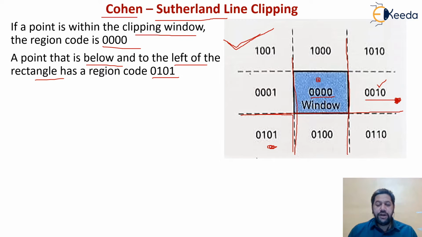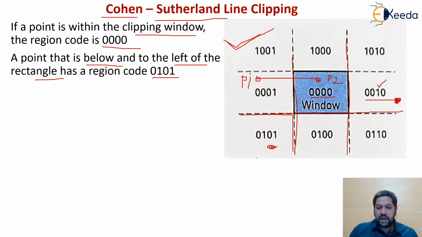So accordingly, remember, we are going to set all these endpoints of the line. For example, suppose this is my line. Consider this is the starting point of the line, P1, and this is the point P2.